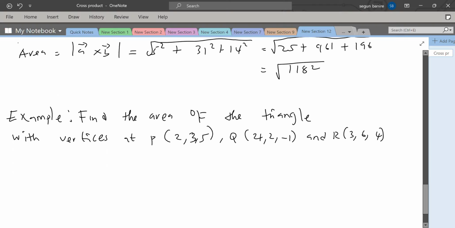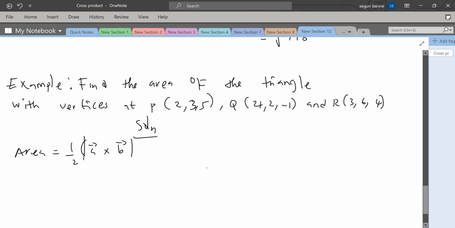So we are asked to find the area. To find the area, we only need 2 vectors. Now they gave us 3 points. So what do we do? It's very simple. Just think of a triangle.